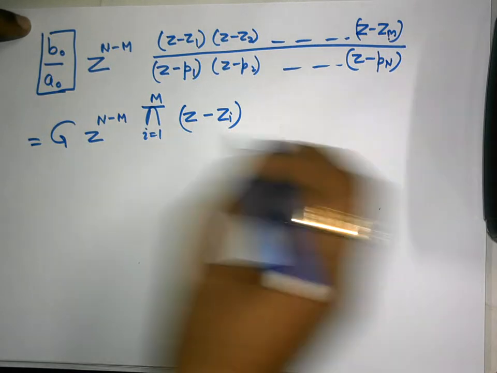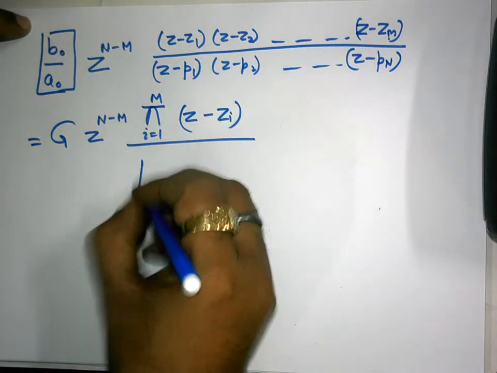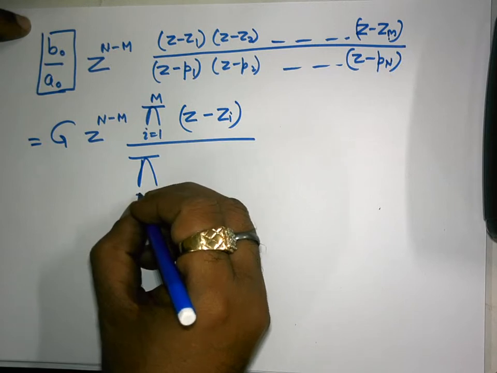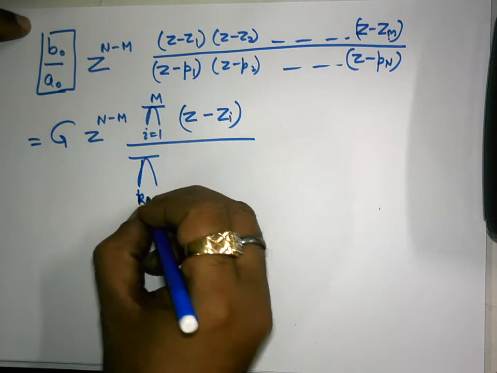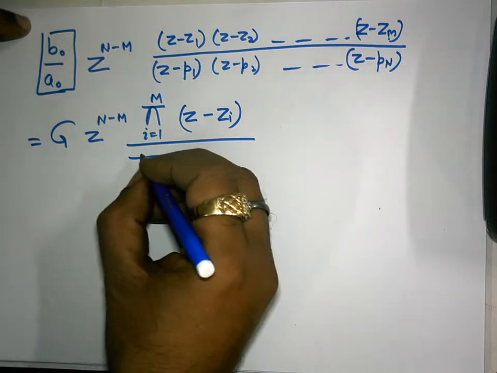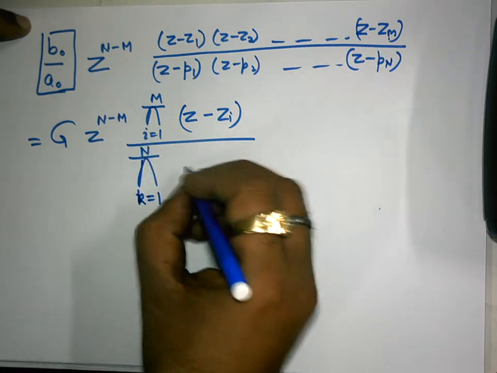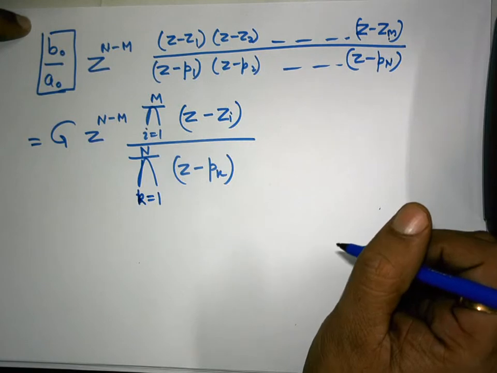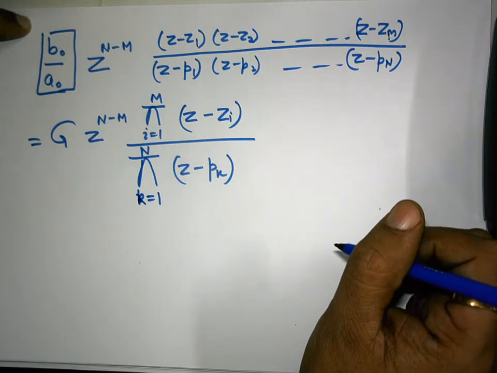Okay, and similarly product ranging from say k equal to 1 to n, z minus pk. Okay, this can be written like this.